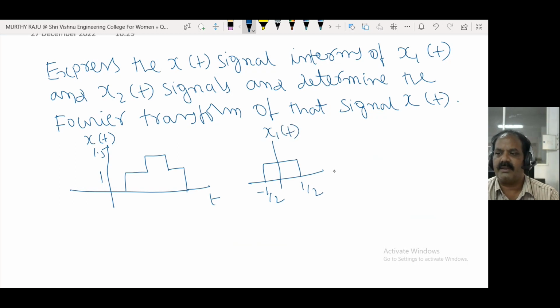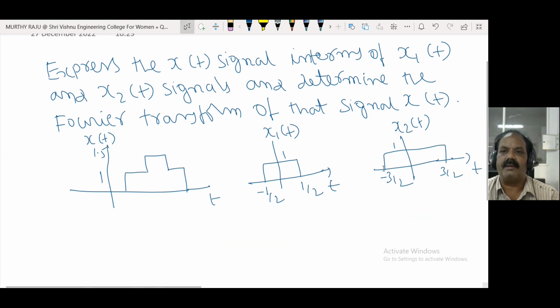This one is x1 of t. Here 1, x2 of t from -3/2 to 3/2. Here the values are 1, 2, 3, and 4. This is the x of t, x1 of t, and x2 of t.